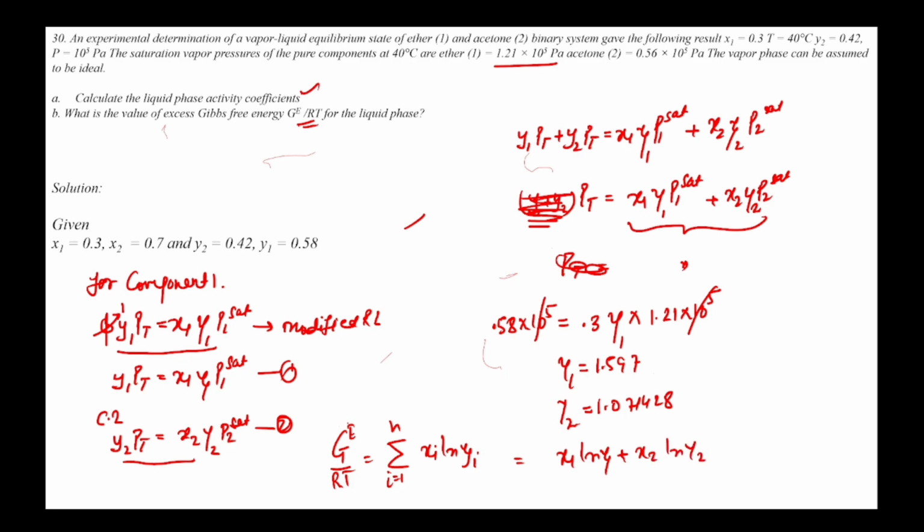If the question is asking only for the value of Gibbs free energy, then you have to multiply with RT. So you will get x1 is 0.3, ln gamma 1 is 1.597, plus x2 0.7, ln gamma 2 is 1.071428. Okay, just calculate it. Child's play.